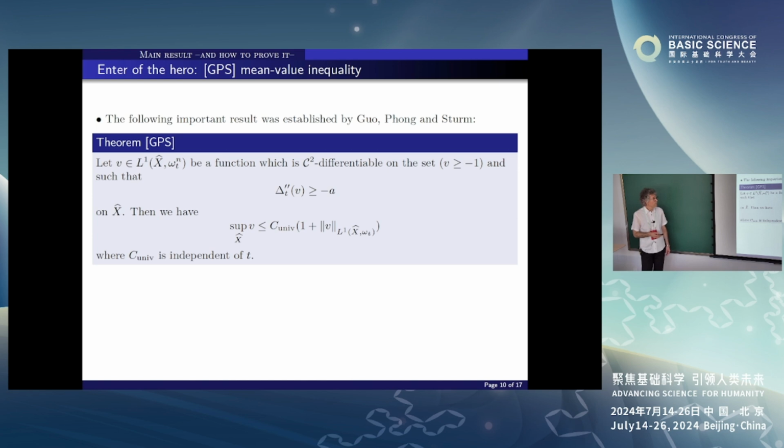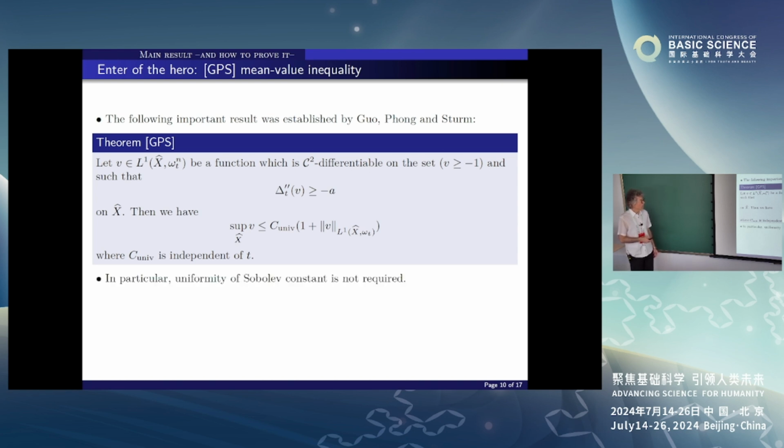So again, if you have some information about the green kernel of omega t, this is absolutely standard. But like I said, green usually is controlled by using the Ricci curvature. And then these people managed to prove this sort of inequality without any information about Ricci. This is exactly what is somehow the main technical tool.